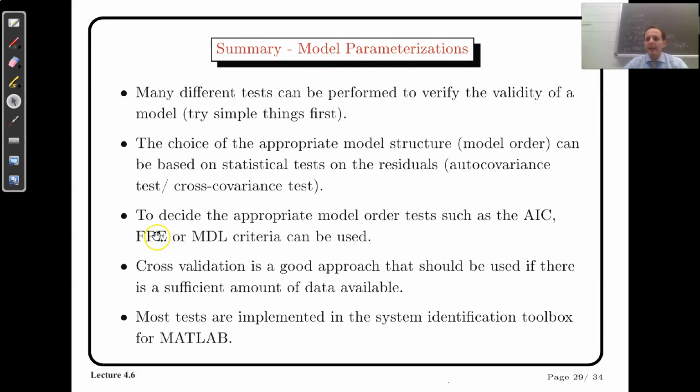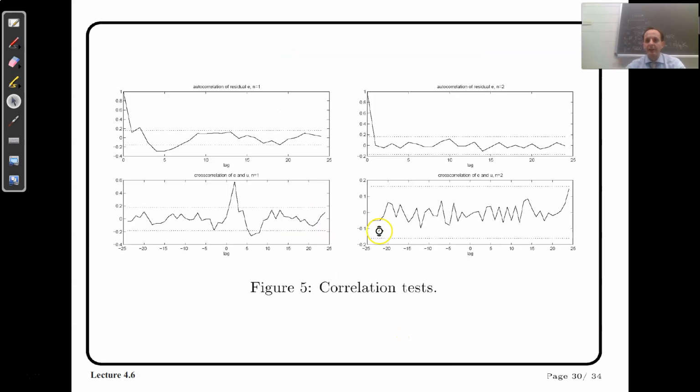Cross-validation, which we will see in the practical part of our experiments, is a good approach that should be used in order to understand if the model is flexible enough. But of course, it can be used only if we have a sufficient number of data. Most of these tests are implemented in the System Identification Toolbox that will be considered in the following lecture.